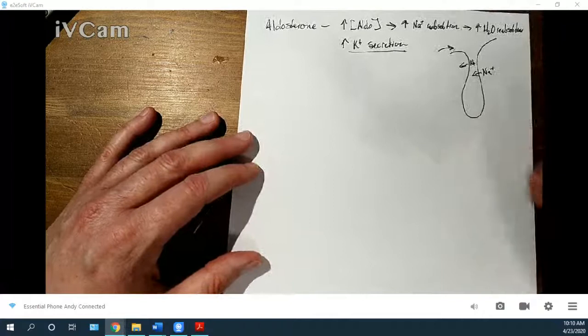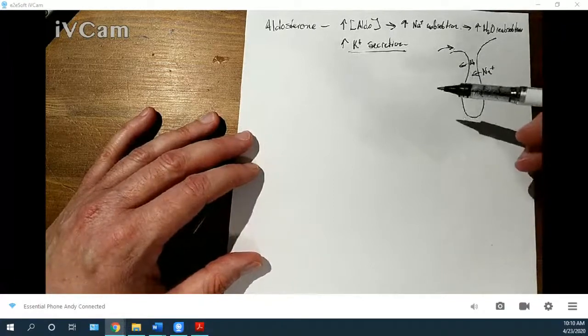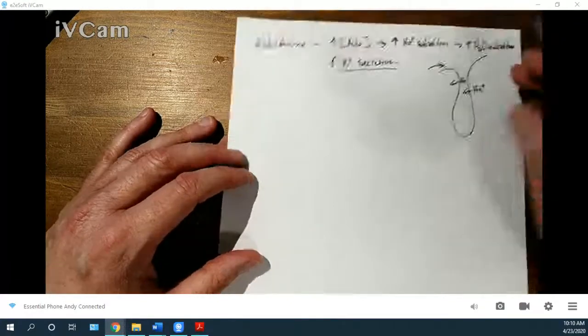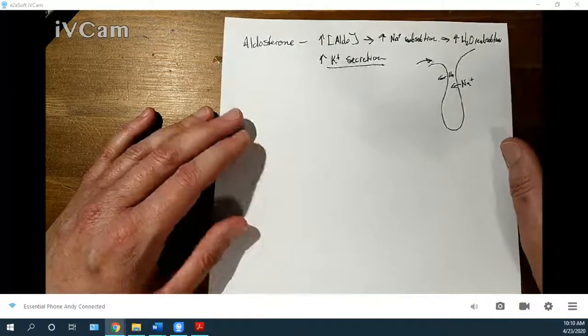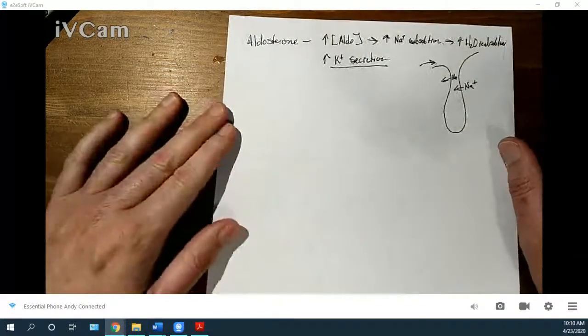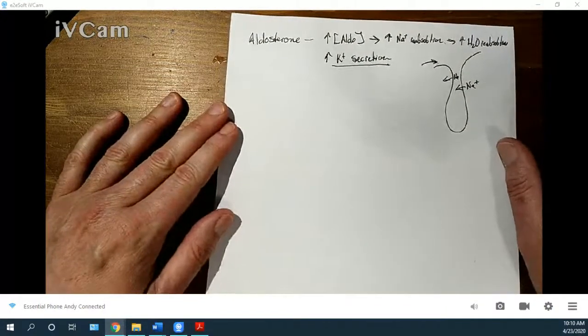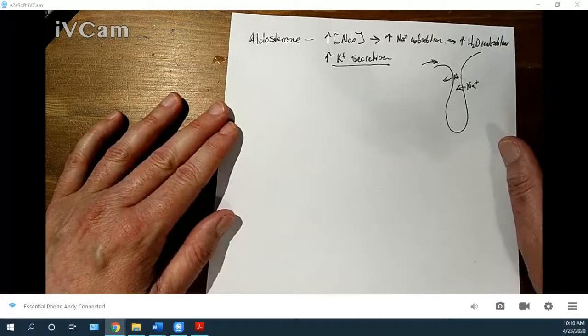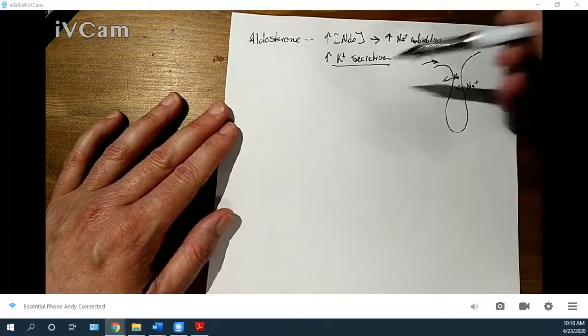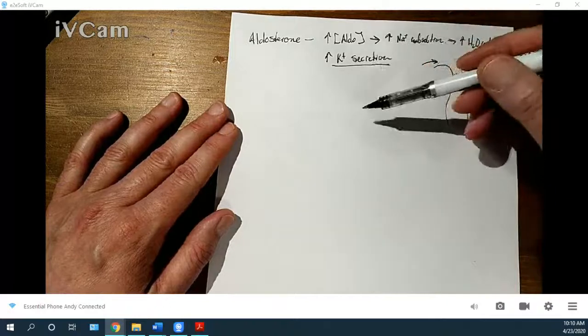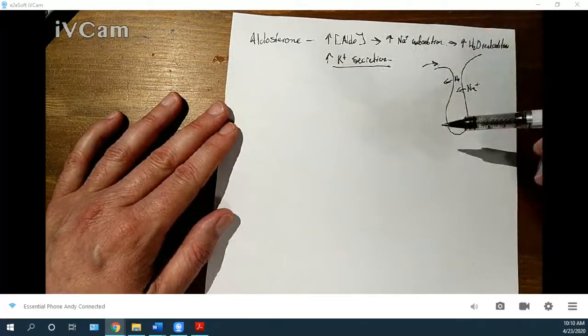The half-life of aldosterone is approximately 15 minutes, and it's produced on demand. You can get a squirt of this when we notice that there is a decrease in blood pressure, as well as an increase in plasma concentration of potassium.